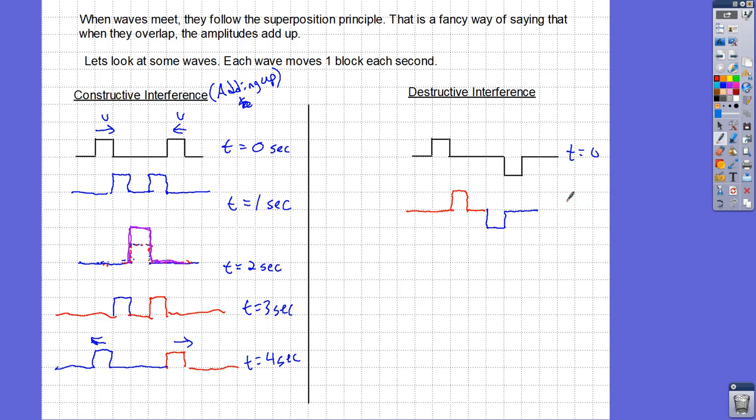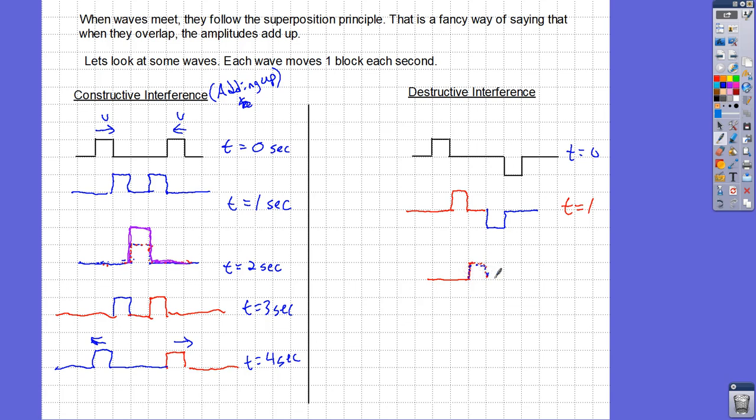Okay, that's t equals 1. And then in the next second, this one will move one block to the right, and actually I should do that as dotted. And the blue one will also move one block. It'll move one block to the left.